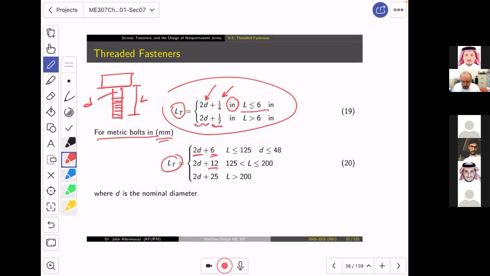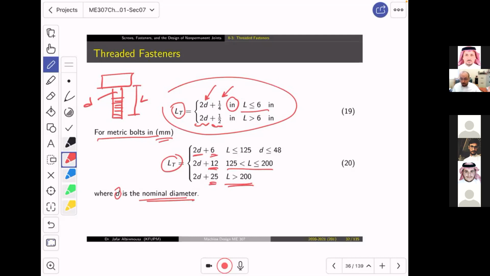You add 12 if you have a range between 125 and 200, and you add 25 if the length of the bolt is more than 200 millimeters. Now, d is called the nominal diameter, and we will tell you later precisely what the nominal diameter is.